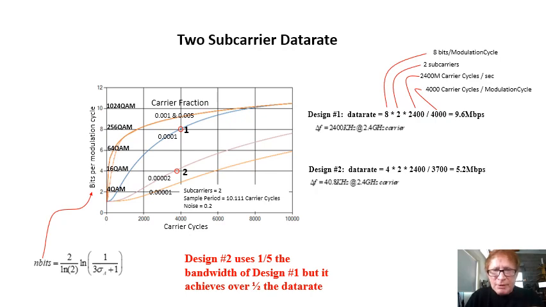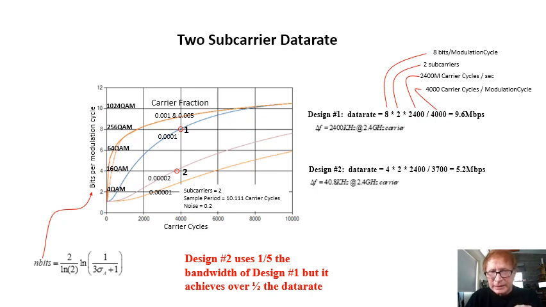We show the data rate for system 1 by multiplying 8 bits per symbol times 2 for the two carriers, and then times the carrier frequency, 2400 megahertz, and finally we divide by the symbol time in carrier cycles, 4,000 cycles. This leads to a data rate of 9.6 megabit per second.